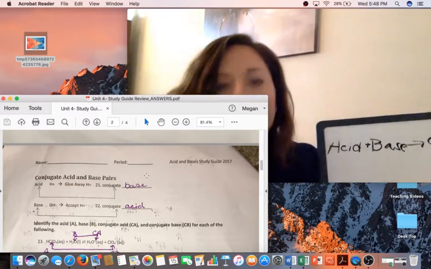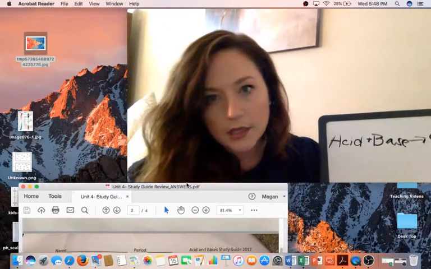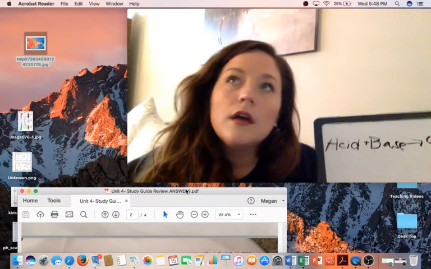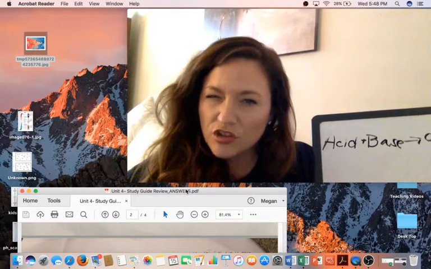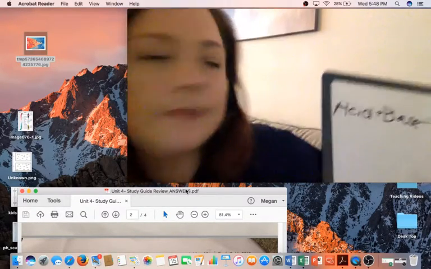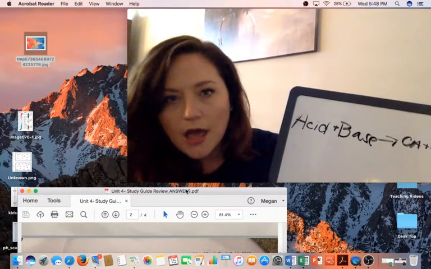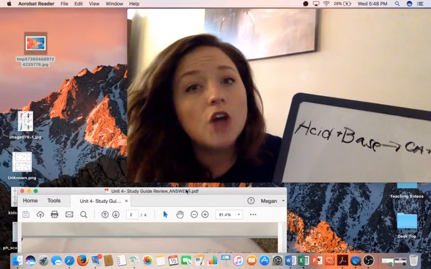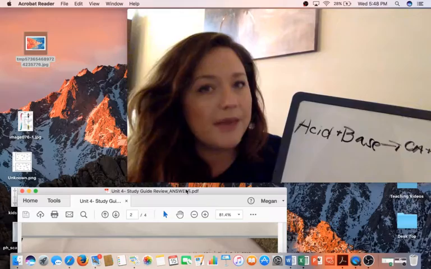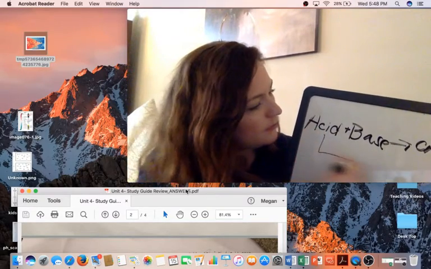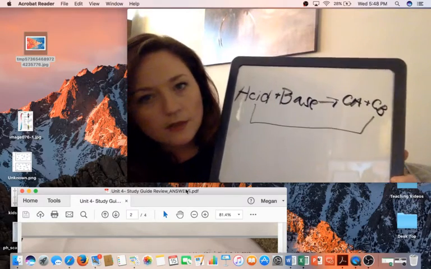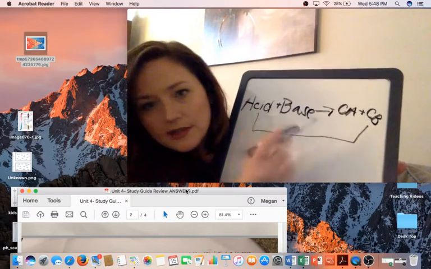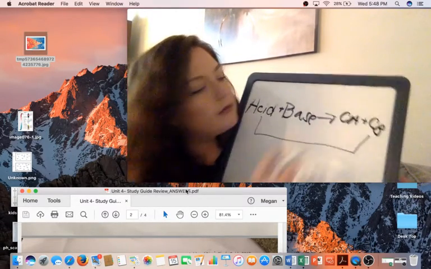Now, some of you guys still think that acids go with a conjugate acid, which I understand your logic, but here's the thing. An acid's conjugate is always going to be a base. The reason for that is it's not always a one-way arrow.